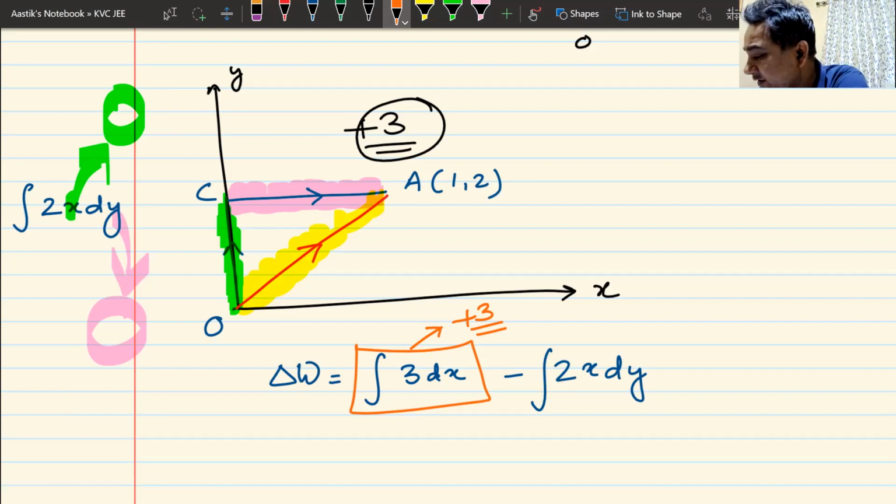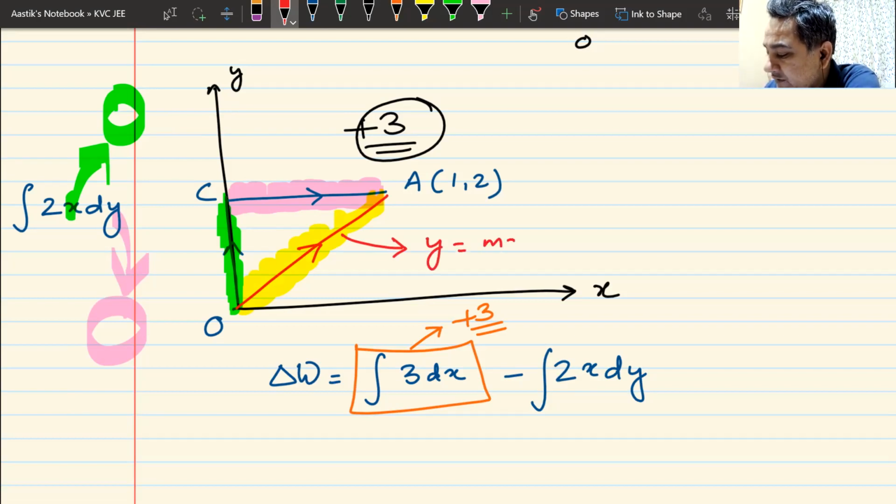With the second integral, along the yellow path, y is changing and x is also changing. So how do I do it? I'll have to find the equation of this straight line. I can write the equation as y is equal to mx plus c.